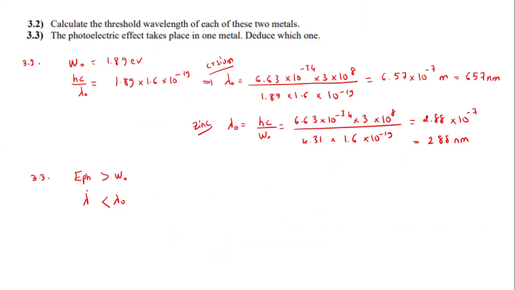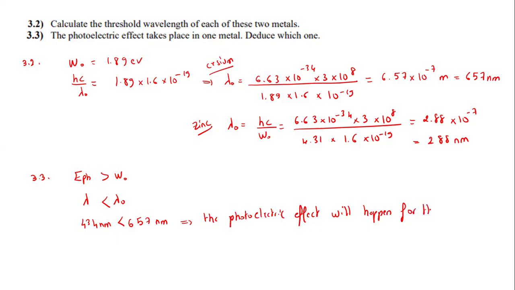So the 434 nanometer is smaller than the 657 nanometer, which corresponds to the cesium. This means that the photoelectric effect will happen with the cesium.